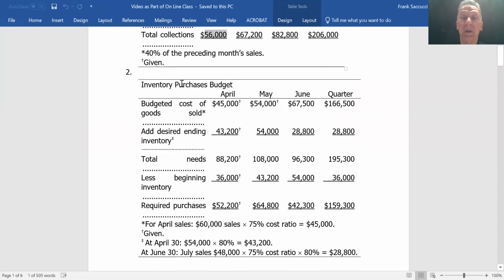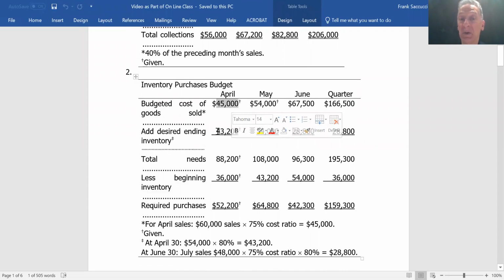Also, as we do a recap, this purchase budget, we take our budgeted cost of goods sold, we add our desired ending inventory, that gives us our total needs, less our beginning gives us what we need to purchase. So another way of wording it, this cost of goods sold, what do you think will leave?